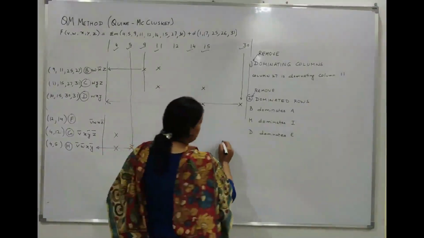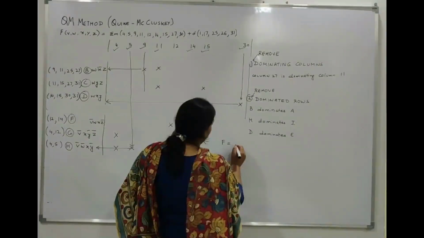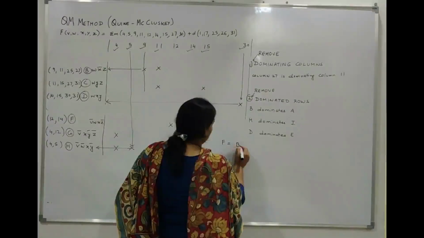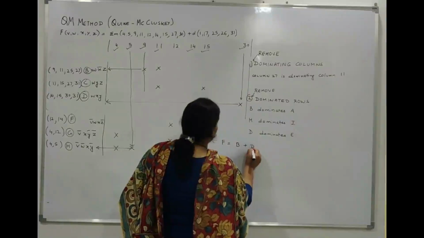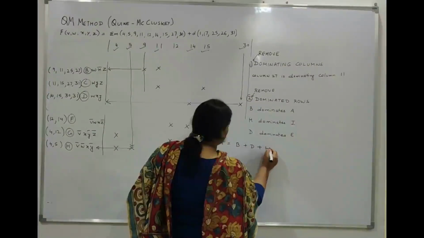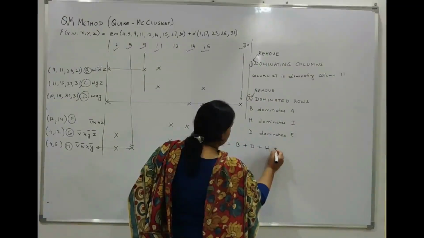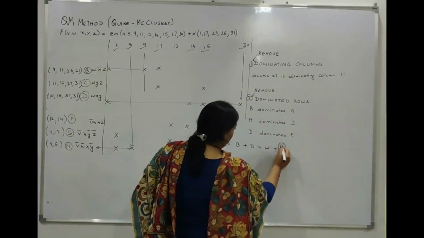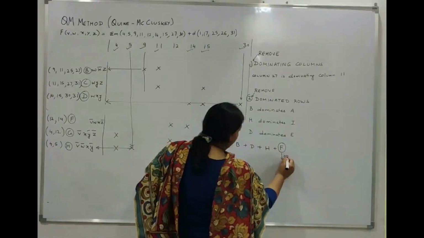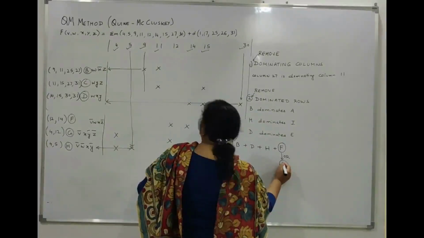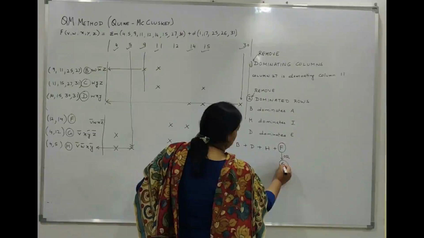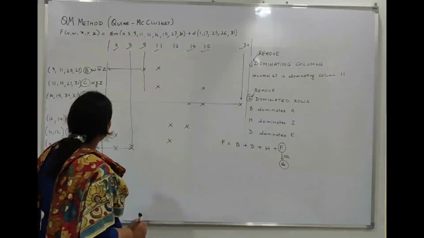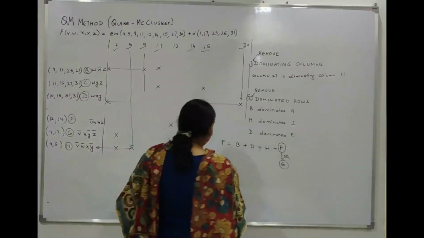So in the end, what is the function? The minimized Boolean expression is B plus D plus H plus F, or if not F, then G. This is the minimized Boolean expression for the above given function. And how do you write it?